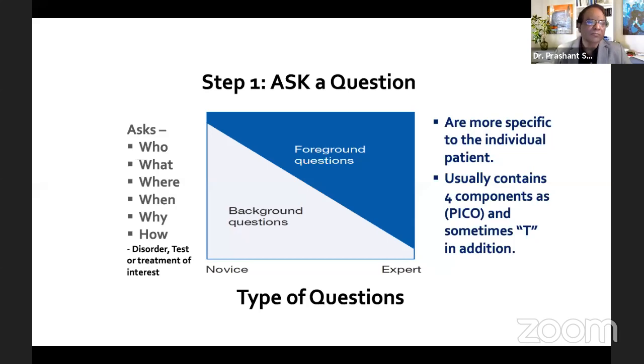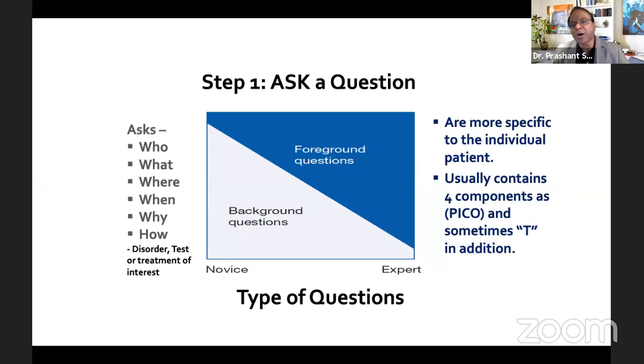The second part consists of something about a disorder, test, treatment, or intervention. Background questions are necessary when our experience with the clinical question is very limited, and you can get the answers from resources such as textbooks or review articles.